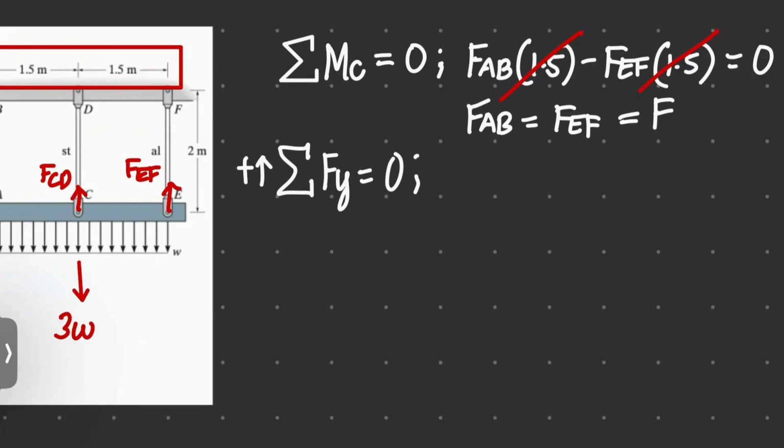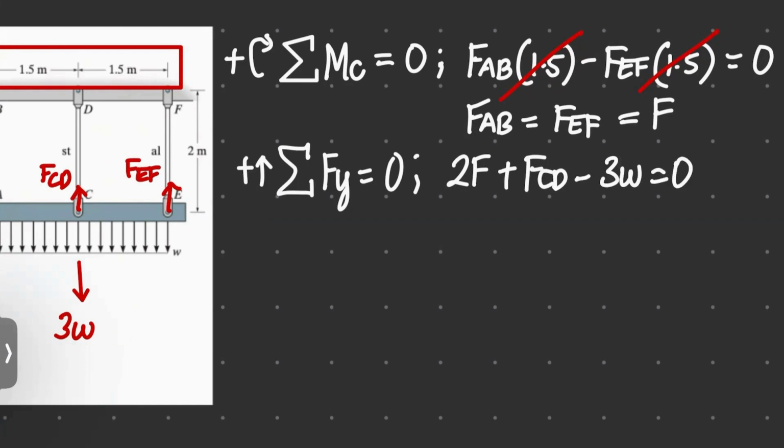For the moment at C, let me just add here that our convention is positive for clockwise. So for the summation of y-axis, we have here 2F because FAB plus FEF is just F plus F, which is also equal to 2F, plus FCD minus 3W equals 0.